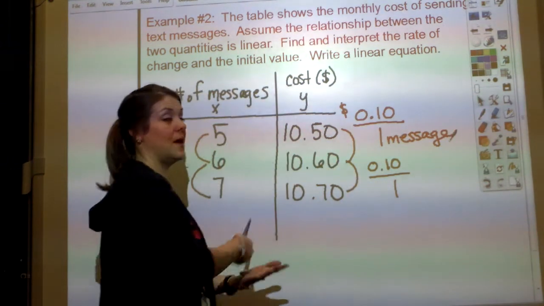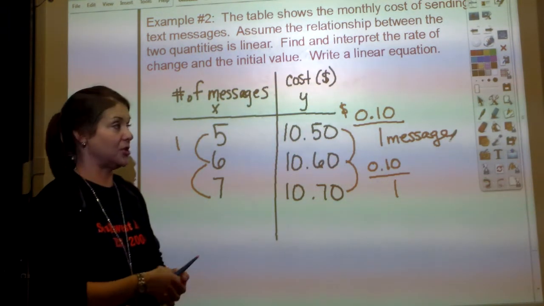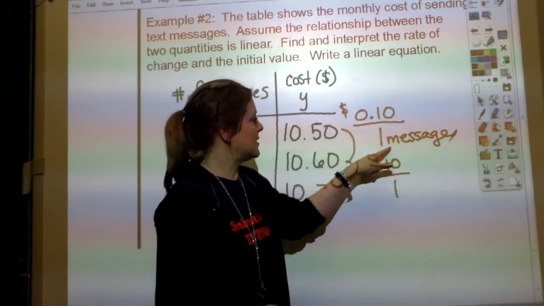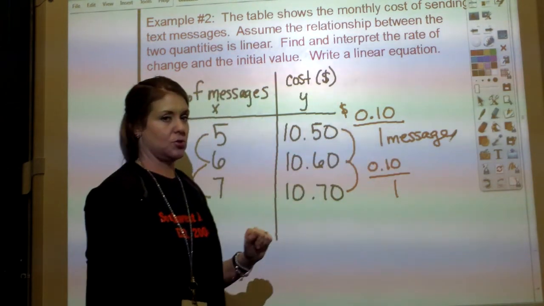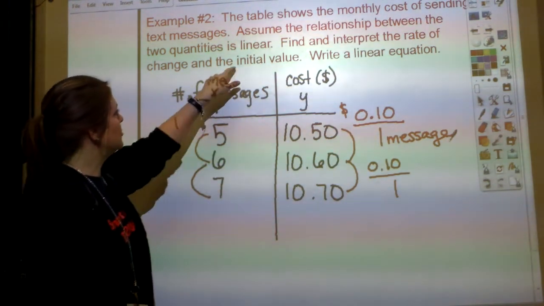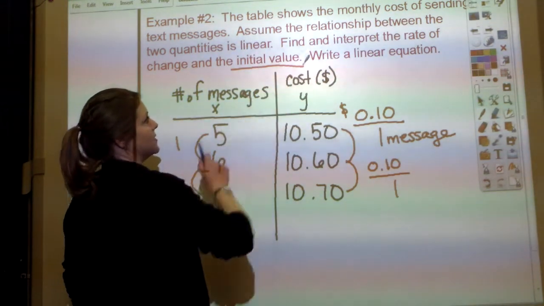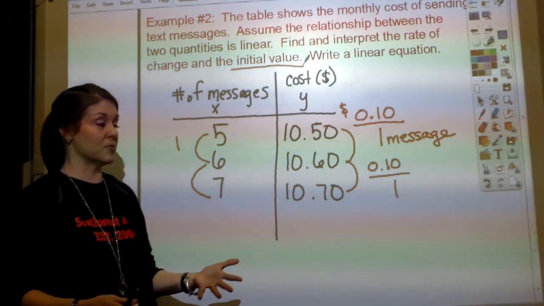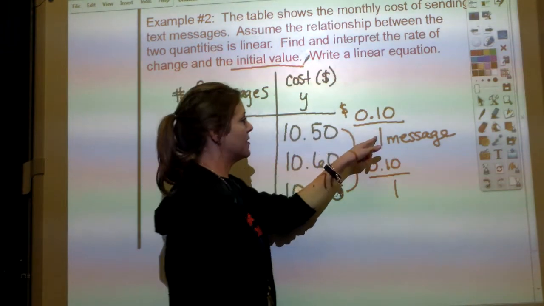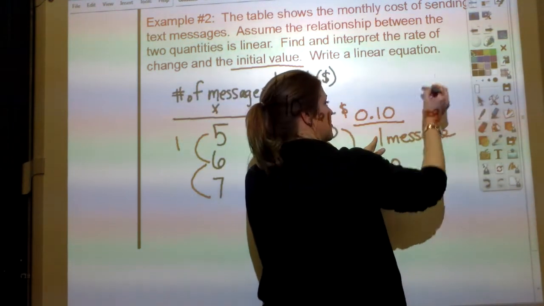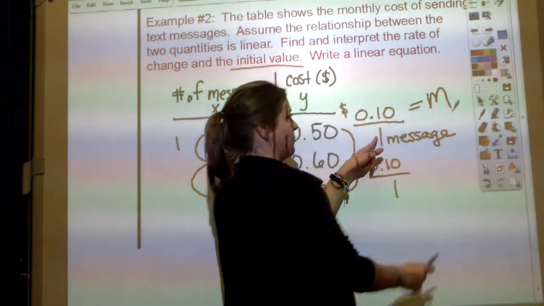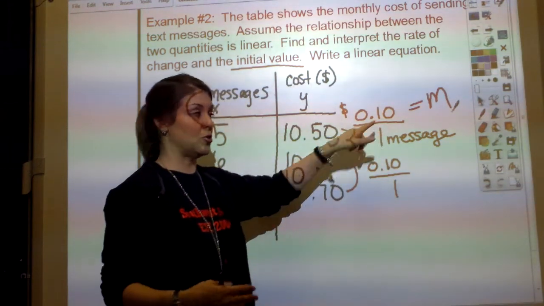Okay, that is the m value, the rate of change. So they're charging 10 cents per message. Now we also want to know what that initial value is, or the y-intercept. Remember, this value here we just found is the m, the rate of change, or the slope.